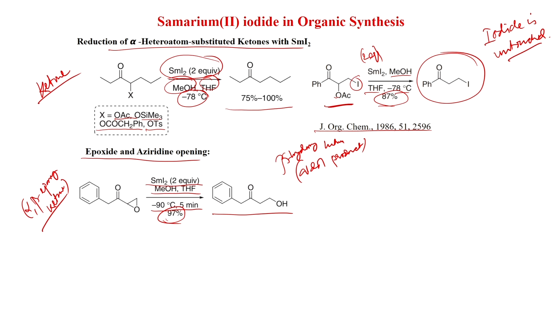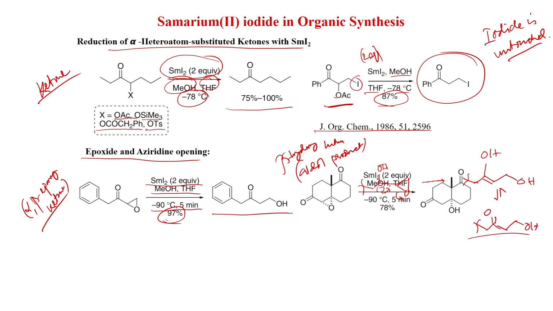So, here also the similar mechanism, that negative charge is forming here, OH or O samarium, we can think this OH, and after that this enol will form. So, the epoxide will open and it generates this. So, you get this product.